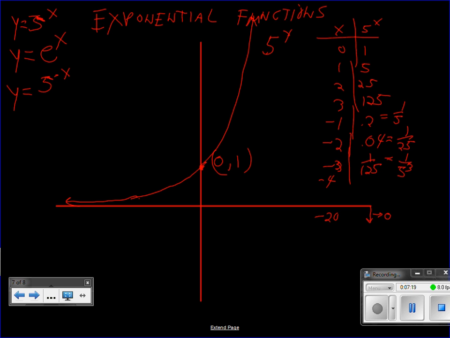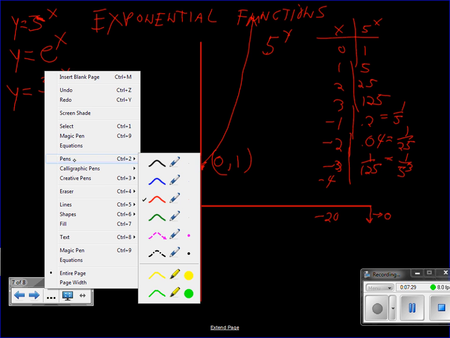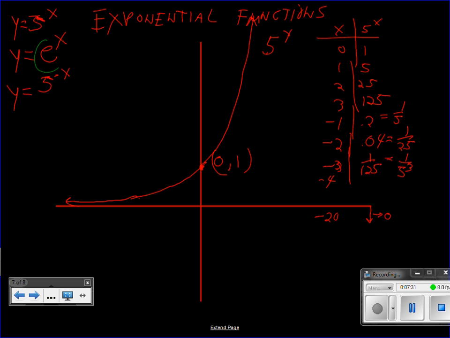Okay. Well, that's good. How about e to the x, though? Remember, e to the x, what is e to the x? Let me change my pen. e is just a number, 2.714, yada, yada, yada, versus this was 5. So at 0, it's going to be equal to 1.